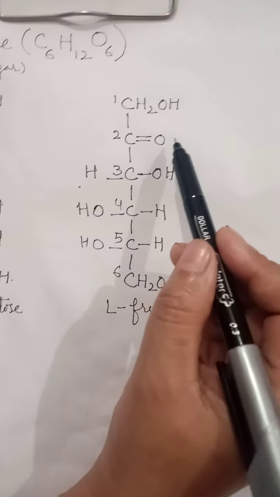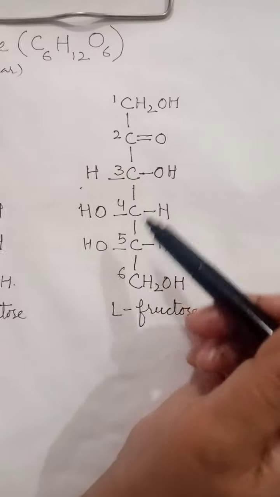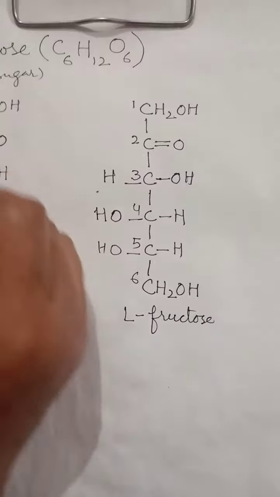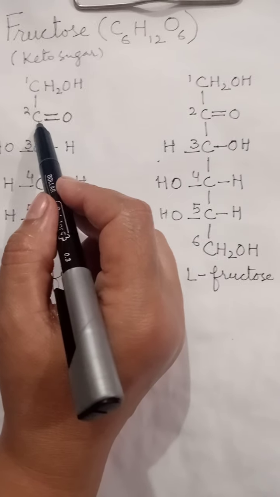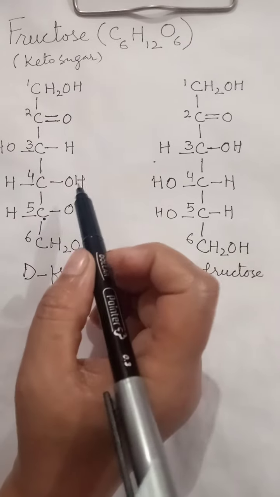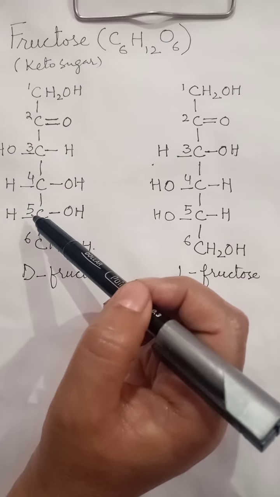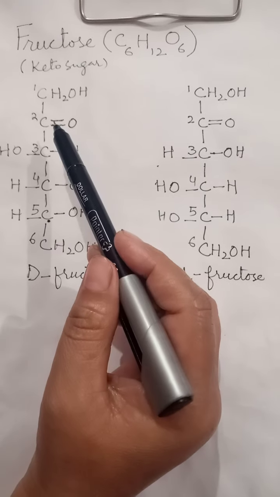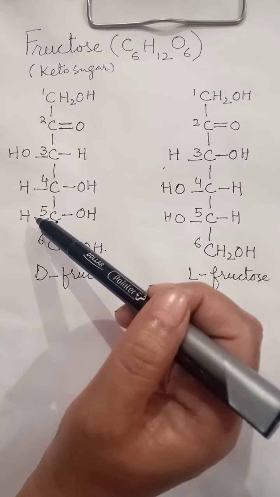Now when we make the cyclic form of fructose, either L fructose or D fructose, this oxygen atom will make a link with carbon number 2 and 5. In glucose we made a link with carbon number 1 and 5, but in this case the link will be between carbon number 2 and carbon number 5.